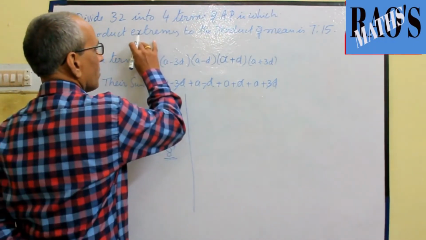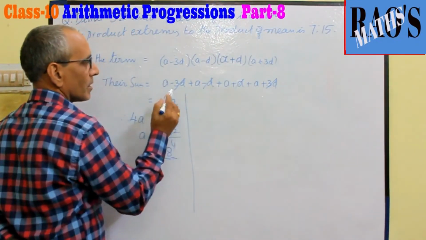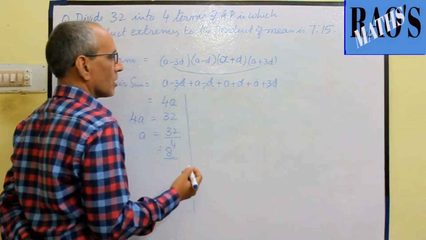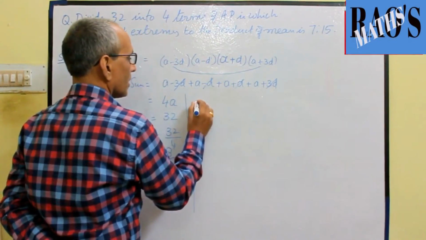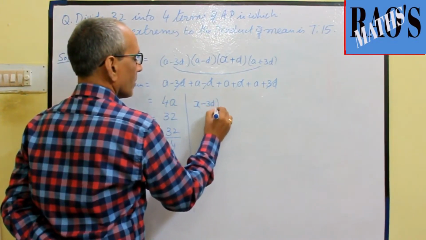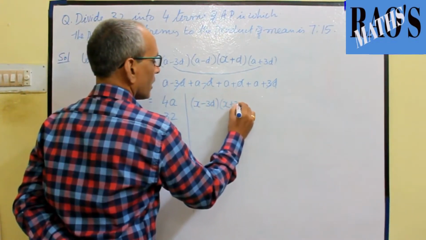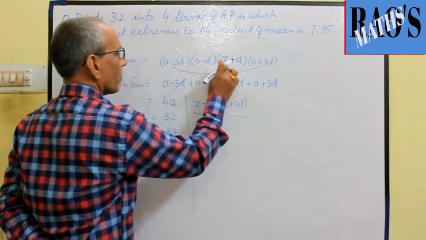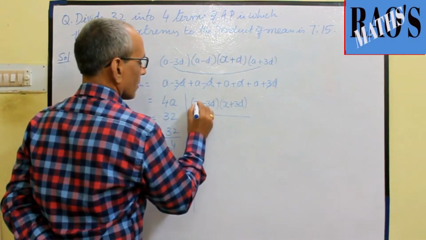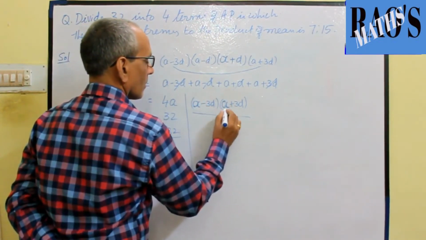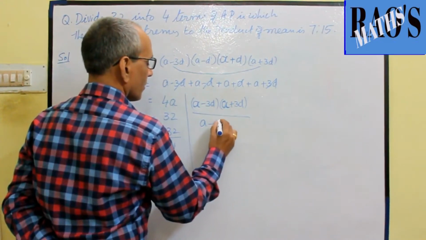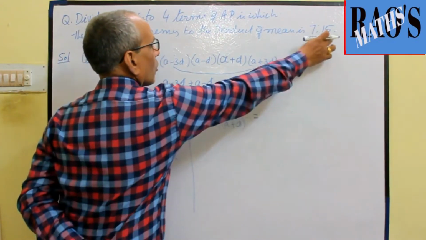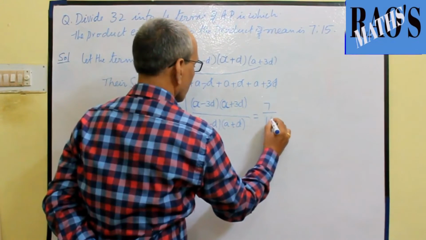So the product of extremes to the product of means ratio: the product of extremes, that is A minus 3D of A plus 3D, to the product of means, A minus D of A plus D, is in the ratio 7 by 15.